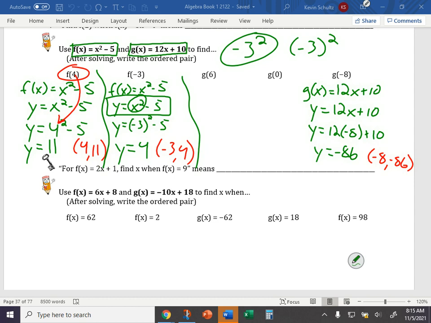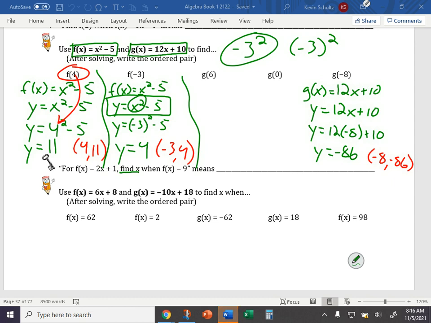When you see something like, for f of x equals 2x plus 1, find x when f of x equals 9, the temptation here is to plug 9 in for the x variable like we did up above. But notice the difference here. This literally says find x. So if you're asked to find x, would you be given x?